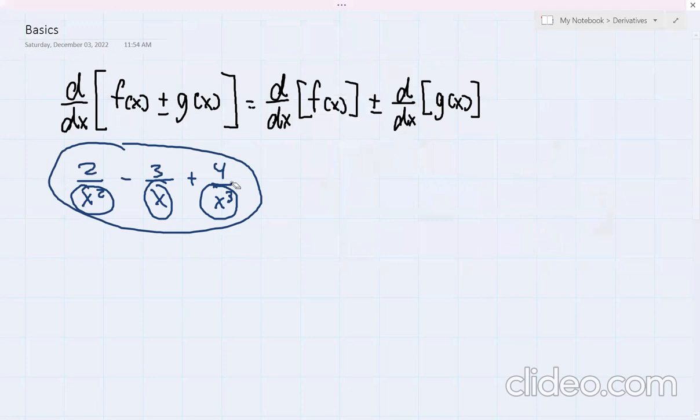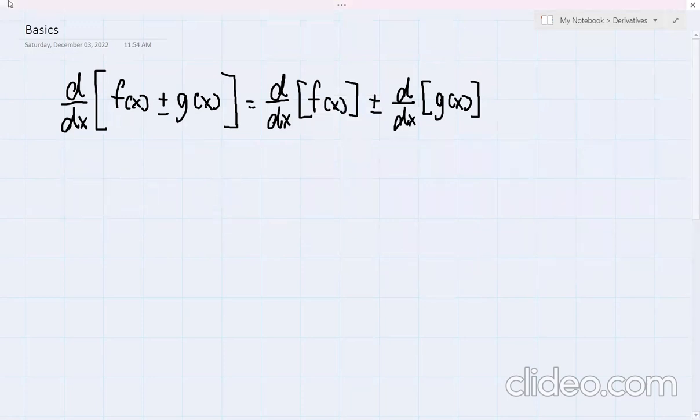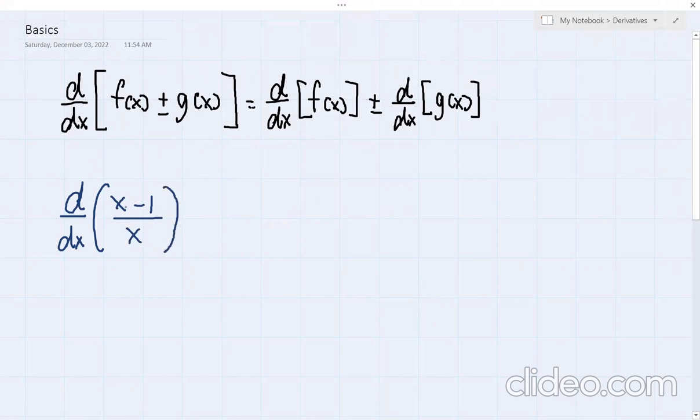Okay? So first, meron ako ito. The derivative of x minus 1 all over x. Okay? So ito, pwede ko namang siyang i-expand. Recall natin yung similar fractions.